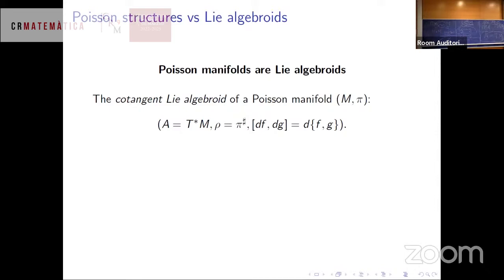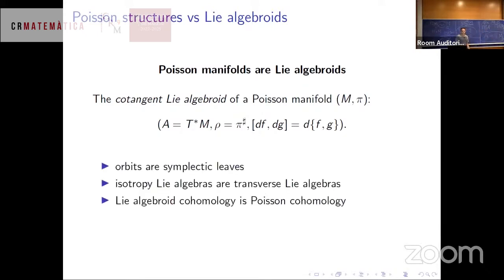Okay, there's a general formula for it, but I don't need it. I'm just telling you what the bracket is on exact one forms. For general one forms, you can figure out what the general formula is. Okay, and so the leaves, the orbits of this Lie algebroid are the symplectic leaves.